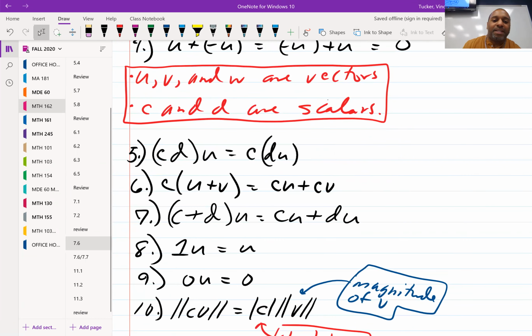And then C plus D times U is the same thing as CU plus DU. 1U is the same thing as U. 0U is the same thing as 0.